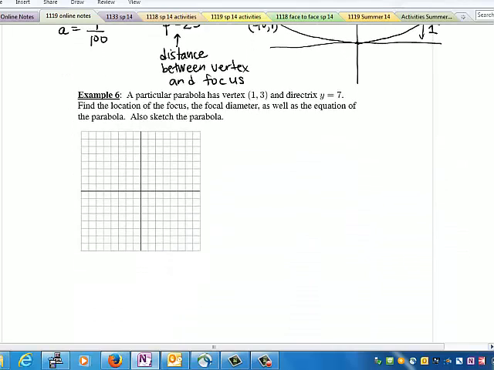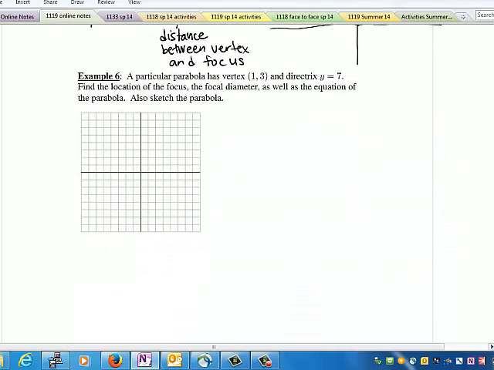Moving on to example 6. We're given a parabola that has a vertex at 1, 3, and directrix y equals 7. So let's just sketch that much and see what we can determine from there. So the vertex is not 0, 0, so we have some shifting going on here.